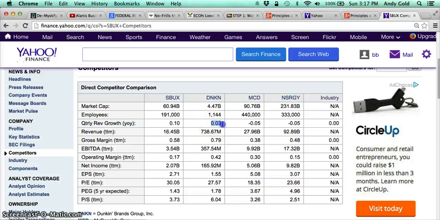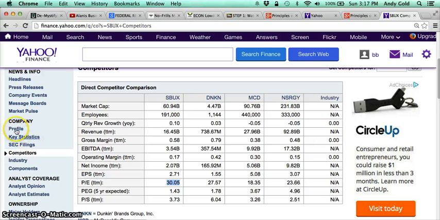This is more than Dunkin' Donuts, whose revenues are growing at 3%, McDonald's, whose revenues recently have started to not grow, and Nestle's, whose revenues have not grown recently. So this is why Starbucks is able to command a higher price earnings multiple as compared to these other companies, because it's growing at a faster rate.